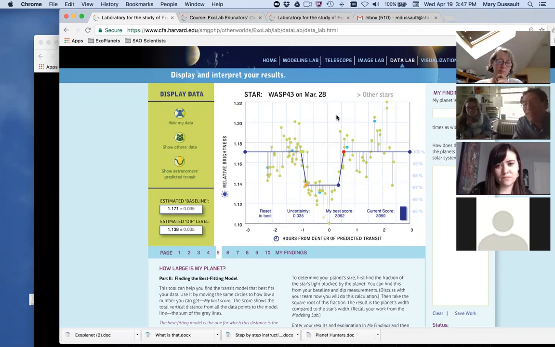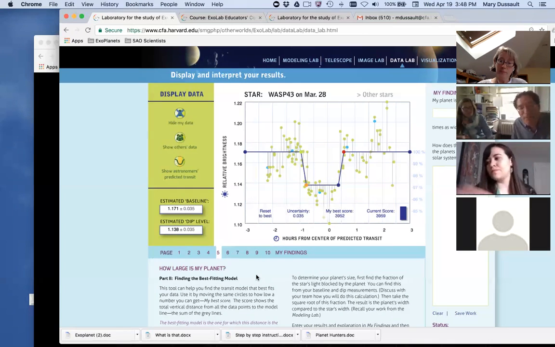But the error we're calculating here looks just at that scatter, and it ignores anything that might not be random, because the statistics don't know anything about nature, or about the moon. They're just looking at the data you give them, namely how much scatter there is and how many points there are. Based on those two things, it tells you that if you did this over again many, many times, this is where the data are likely to fall.